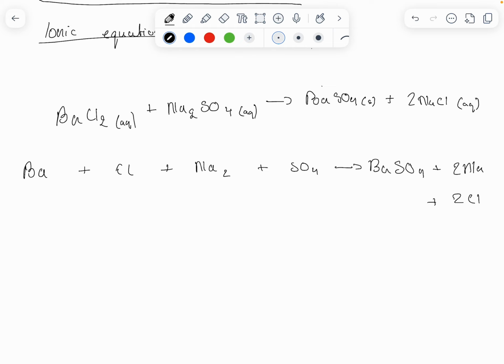Now, if we get out our periodic table, we can see that Ba, barium, is part of group 2. Henceforth, it has a 2+ charge, right? Now, you wouldn't be expected to memorize the location of barium.